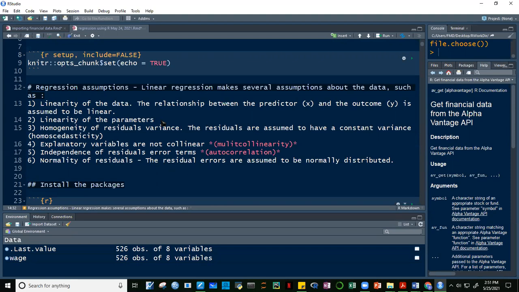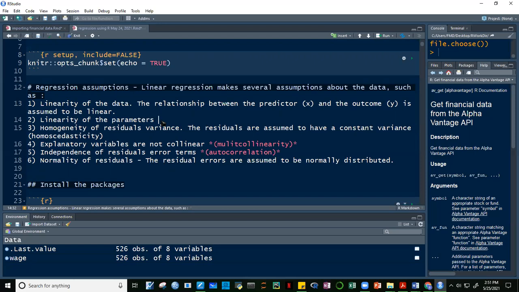So pag nag-predict tayo, guys, pag nag-create tayo ng model in order to predict our response variable or outcome variable y, yung model natin hindi magiging perfect. So may mga points tayo dun sa model natin na hindi tumatama yung actual value natin. So there's what we call residuals.